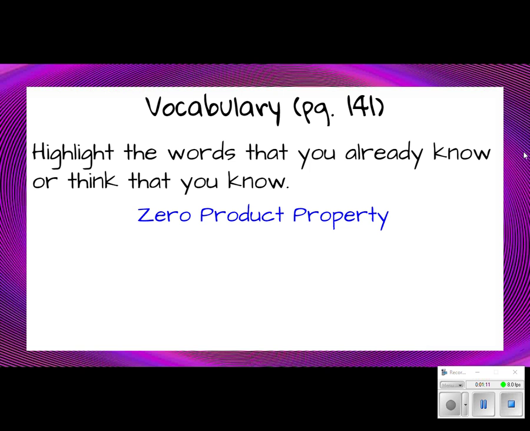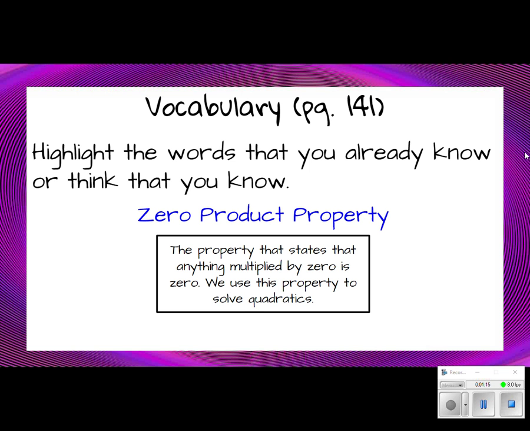And then the last thing we're going to talk about is the zero product property, which is the property that states anything multiplied by 0 is 0. We use this property to solve quadratics, and we're going to be solving quadratics later in this unit, but the zero product property is something that's going to come up and is something that we're going to use.